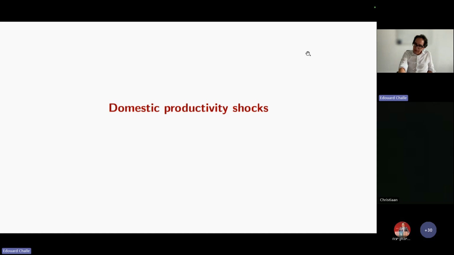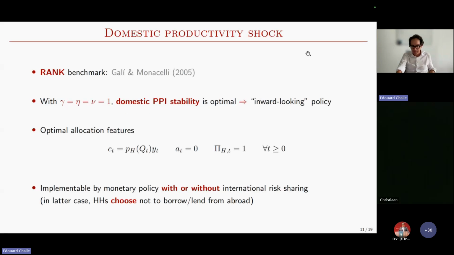So let me start by looking at a domestic productivity shock. The reason I'm looking at this shock is because this is the type of shock that leads to divine coincidence in the closed economy model, and that has also been extensively studied in the open economy model to see whether the small open economy divine coincidence holds. This is the shock that Gali and Monacelli use in their analysis of the small open economy divine coincidence.